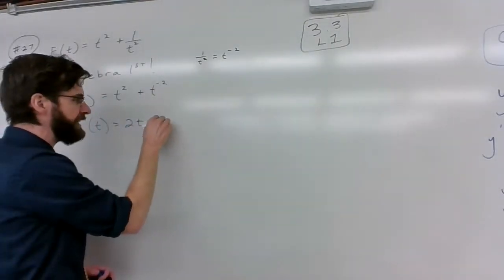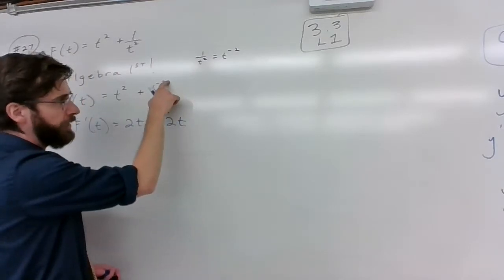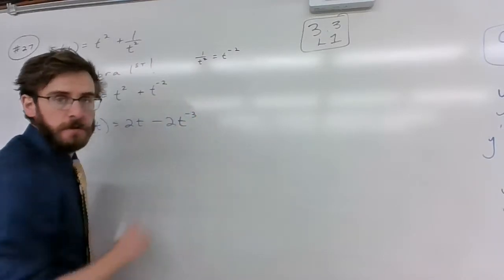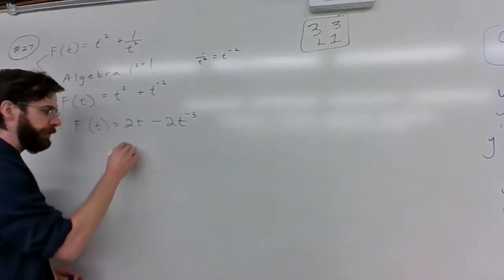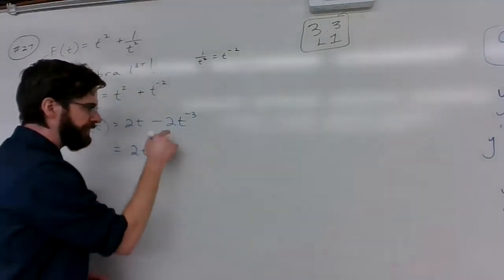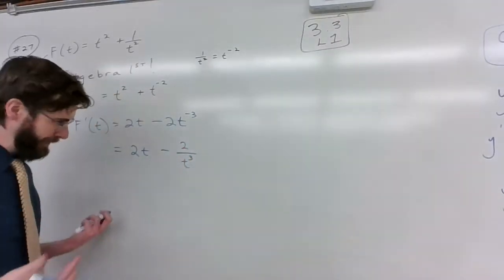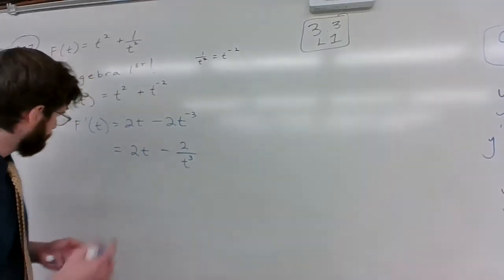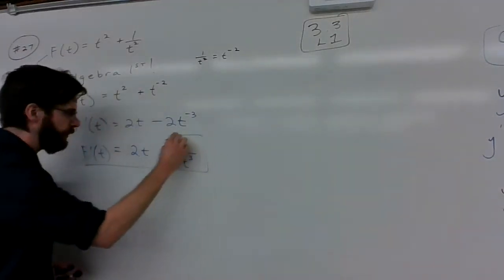You bring the minus 2 down in front, t, and then you subtract 1 from negative 2. Should be to the negative 3 power. And then on your final move, make sure you rewrite this as 2 over t cubed. I'm not asking for common denominators, so don't feel compelled to do so unless you really want to.